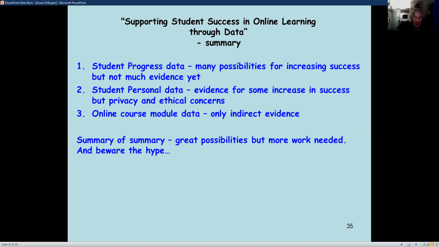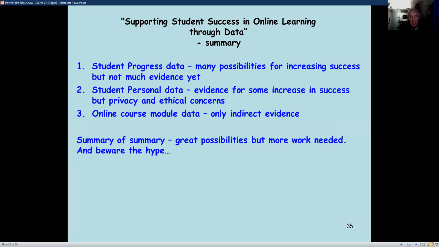Student personal data, there is evidence for some increase in success, but you have to be careful about privacy and ethical concerns. And with online course module data, we only have indirect evidence, but there is great potential here, I think, for modifying modules to increase student success.